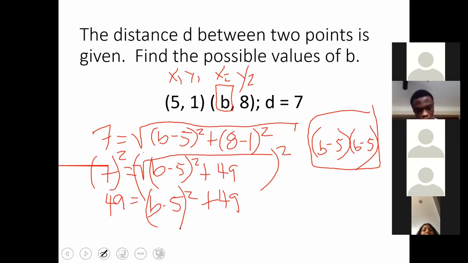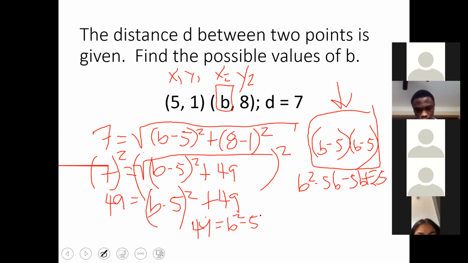Now let's come back up to this guy right here. This will be b squared minus 5b minus 5b plus 25, okay? So now we just rewrite it to say 49 is equal to b squared minus 5b plus 25 plus 49, okay?